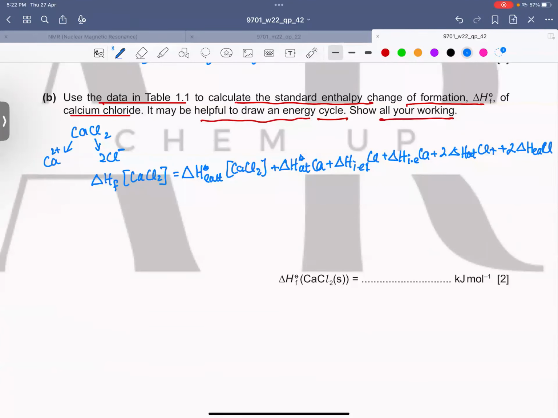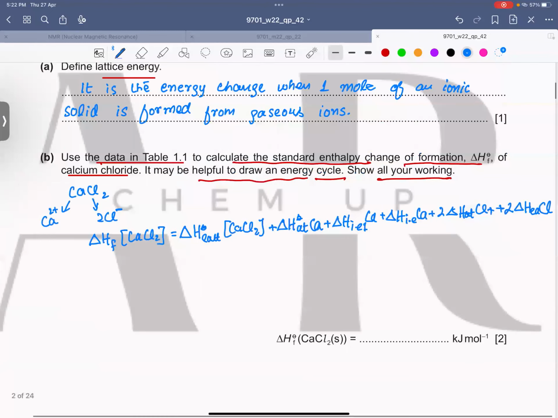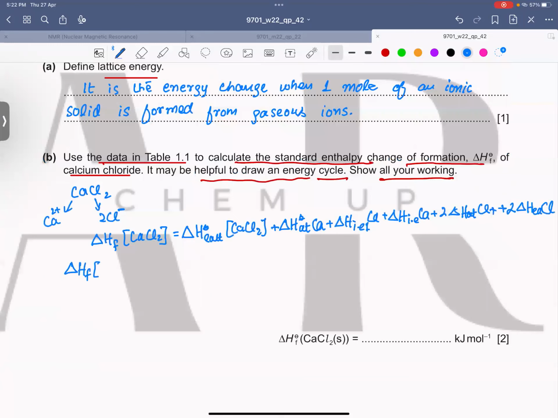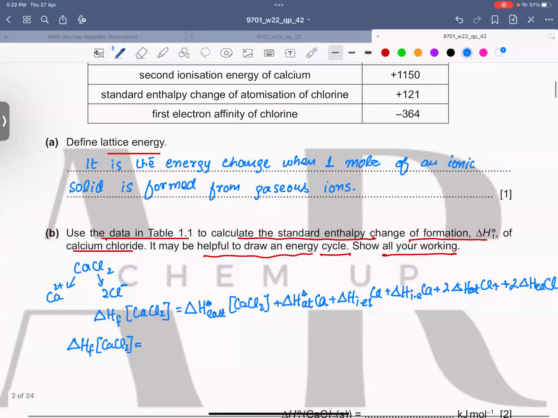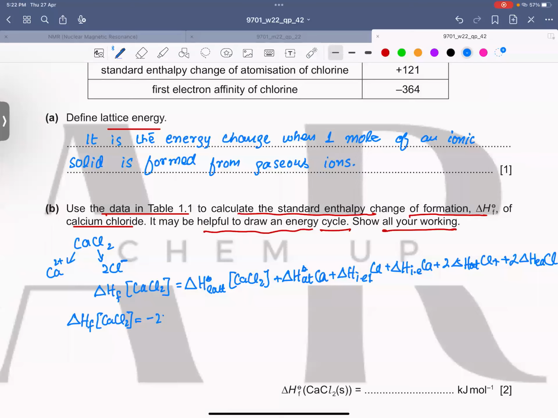Yes, sir. Okay. Now let's look at the table and substitute the values in the expression. This is the lattice energy, so I would write minus 2237. Next I have the atomization of calcium, positive 193.